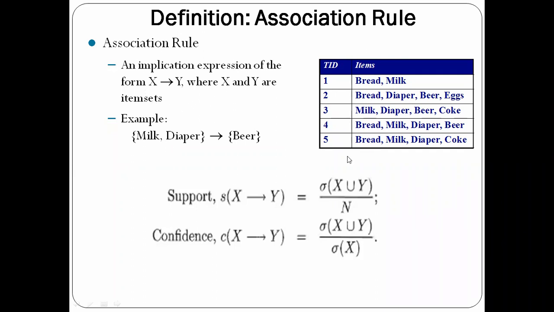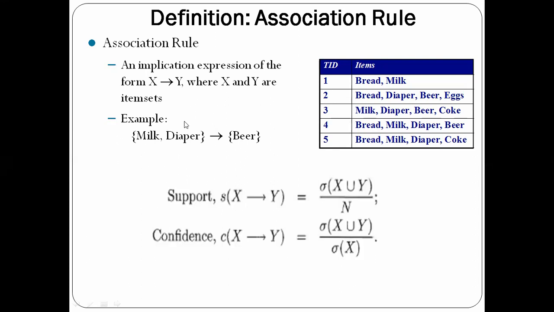For example, among these transactions, I can express one of the rules, that is milk and diapers implies beer. If I consider the intersection of these two item sets, milk, diapers, and beer, it is a null set because we don't have any common items between X and Y. So only then does it form an association rule.